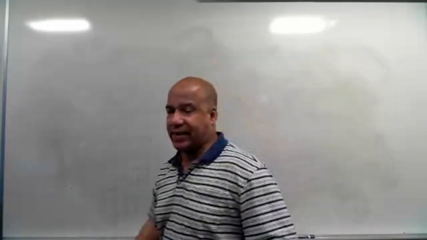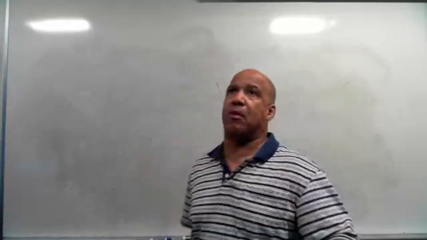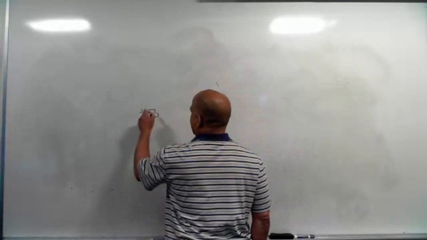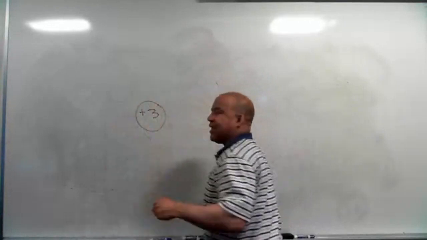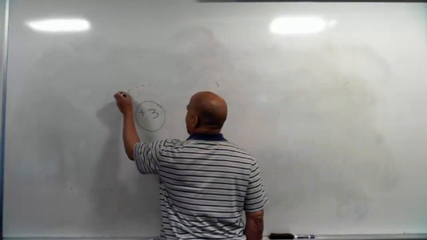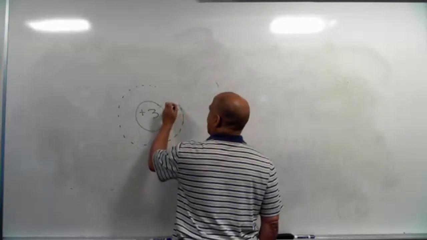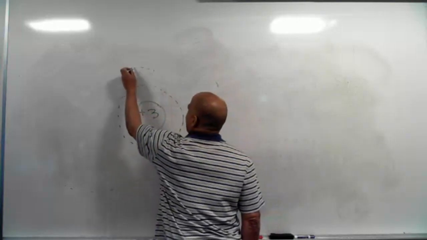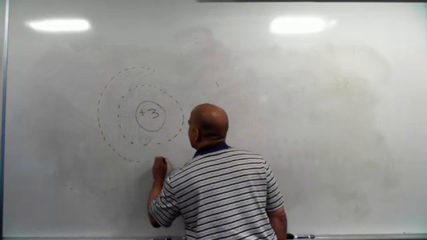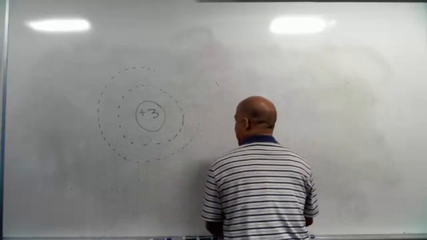So I'm going to go back to the atom. So we have an atom, and let's say the atom has an atomic number of 3. So there's 3 protons in the nucleus. It's a neutral atom. So if it's a neutral atom, then I have 3 electrons orbiting that nucleus. So one of those would be, we now know, in the K shell. I'll have another one in the K shell, and that last one will be in the L shell. So if I have 3 electrons, I got 1 electron right here.